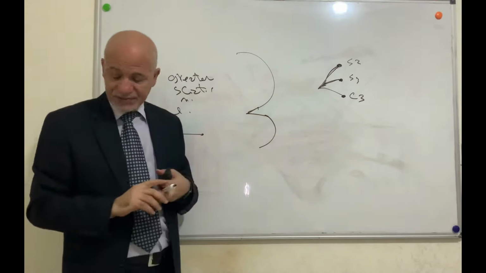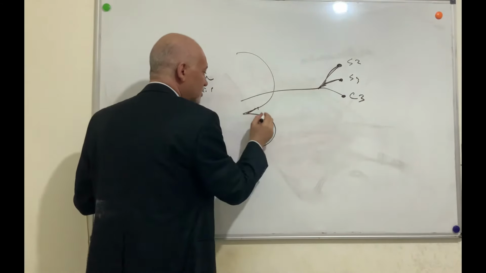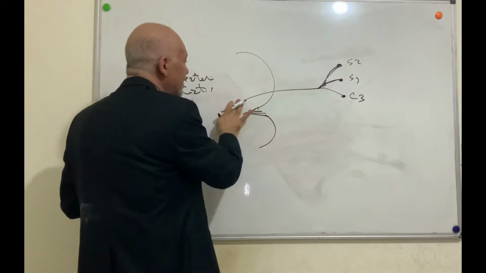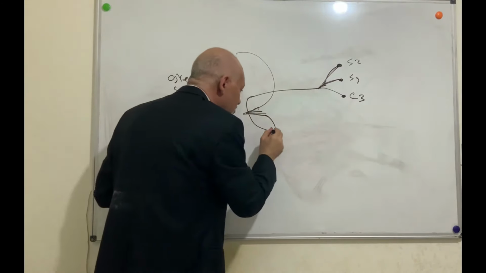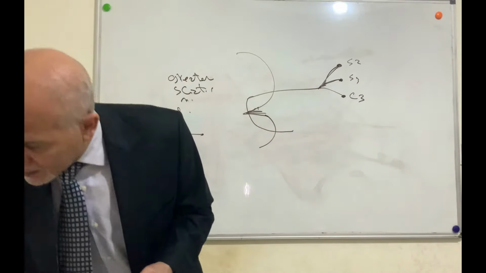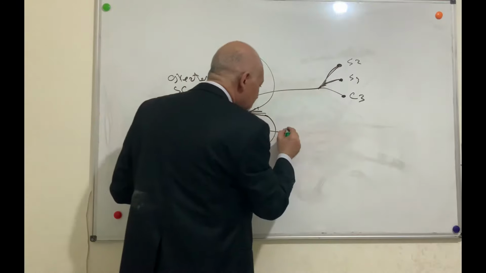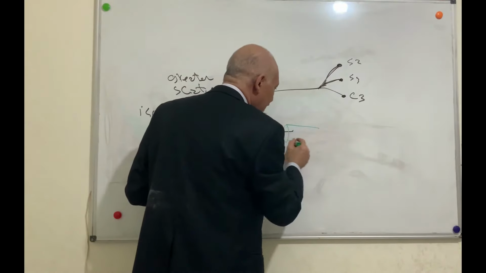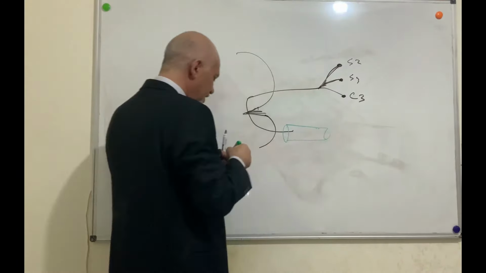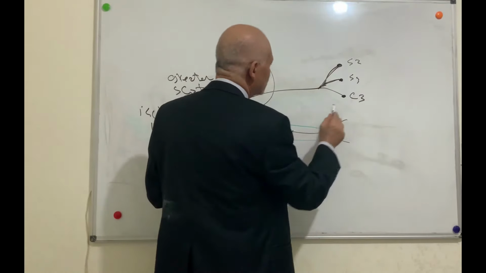So the pudendal nerve comes out from the greater sciatic notch, then it turns and enters through the lesser sciatic notch and enters the pudendal canal. The nerve then gives its two terminal branches.